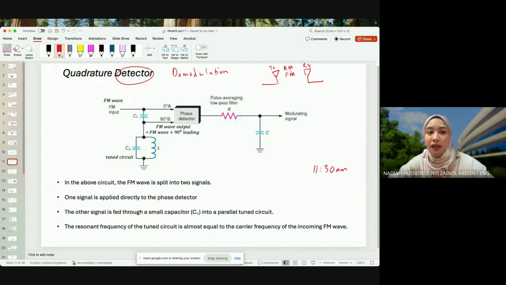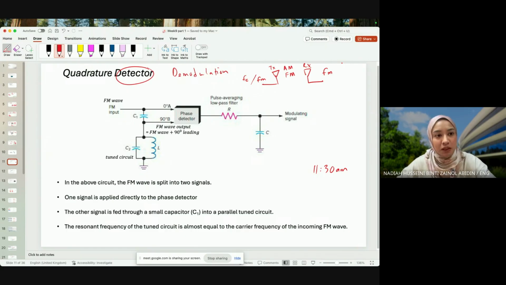How did we get AM and FM? You have to have the carrier, you have to have the modulating signal to either produce AM or FM. And then you would transmit AM and FM, and the receiver would demodulate the AM or the FM signal to produce FM back again.